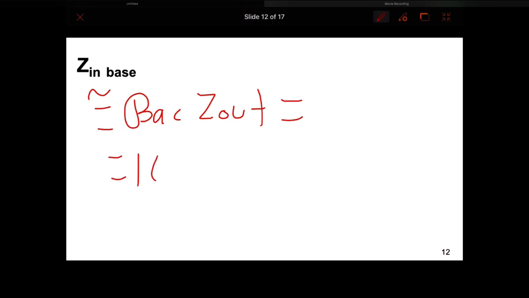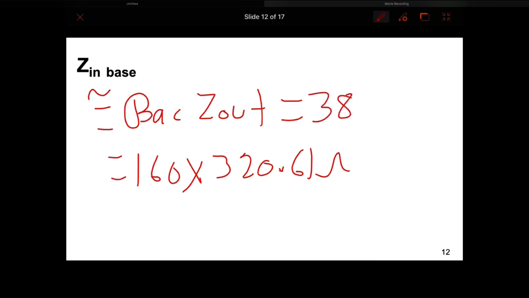So that's 160 times 320.61, which is 38.47 k ohms. That's ignoring R prime E.